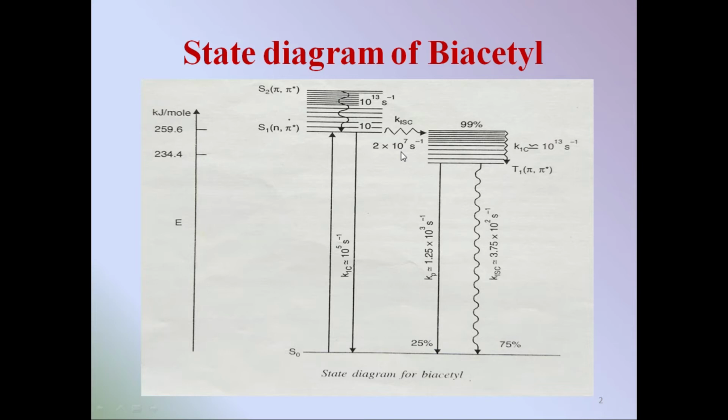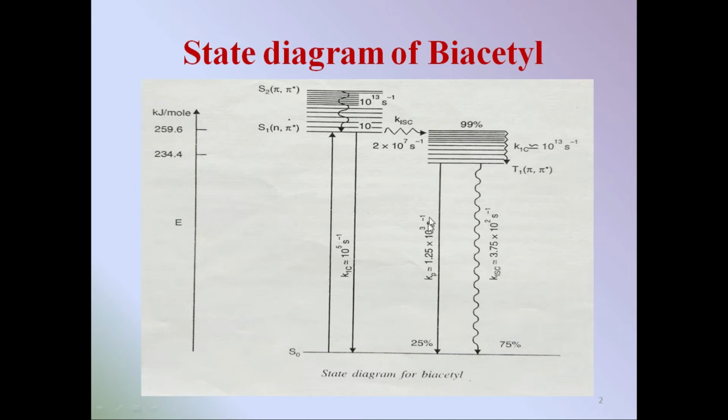Vibrational relaxation is a very fast process whose rate constant value is 10 raised to 13 per second. So after that transition, 99% of molecules get transferred to triplet.